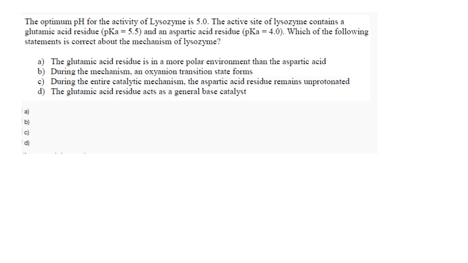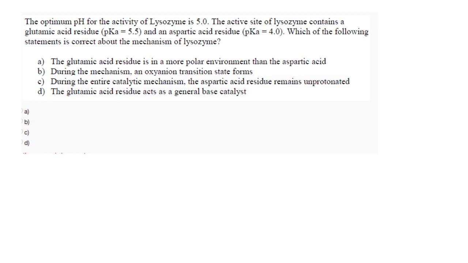The glutamic acid residue is in a more polar environment than the aspartic acid. During the mechanism, an oxyanion transition state forms. During the entire catalytic mechanism, the aspartic acid residue remains unprotonated. The glutamic acid residue acts as the general base catalyst. So just on the basis of pK and pH, just guess.